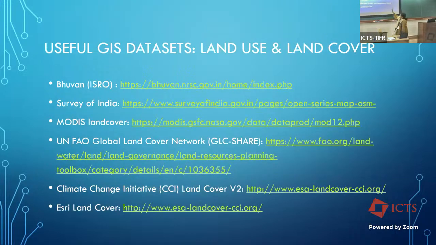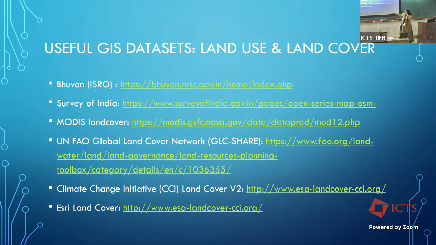Apart from that, more generally, there are a lot of land use and land cover data sets available. Now, these are basically vectors based on satellite image interpretation. So they've used satellite data to analyze it and then map land cover, but the output is usually in a vector format, okay?